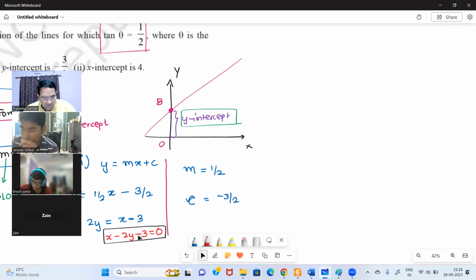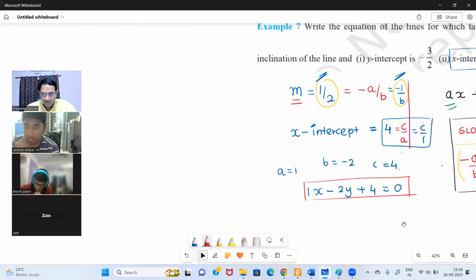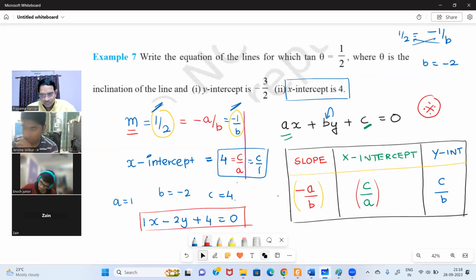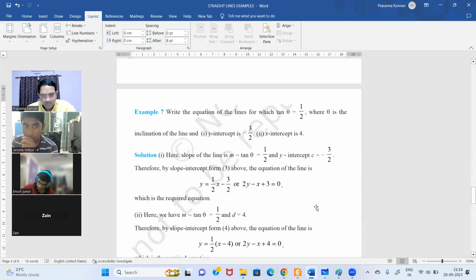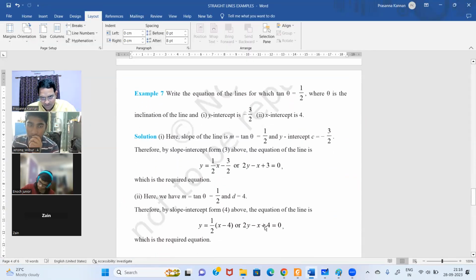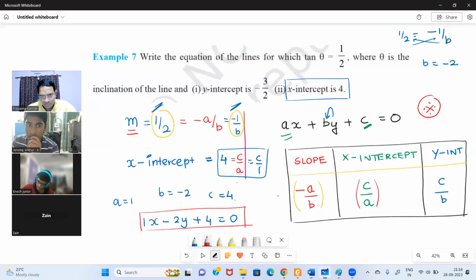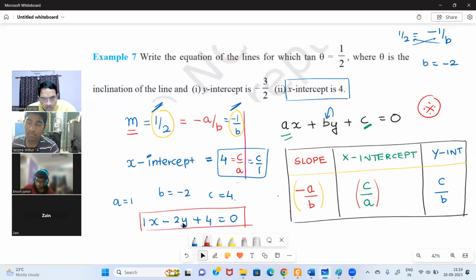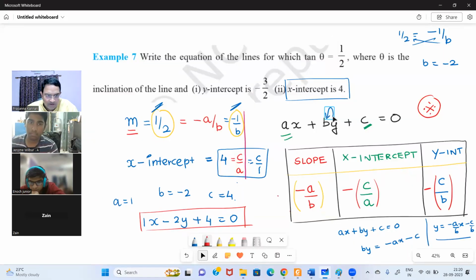Next equation. 2y minus x plus 4 is 0. Okay, there is a sign change, children. Just observe that. Please make a note of this.